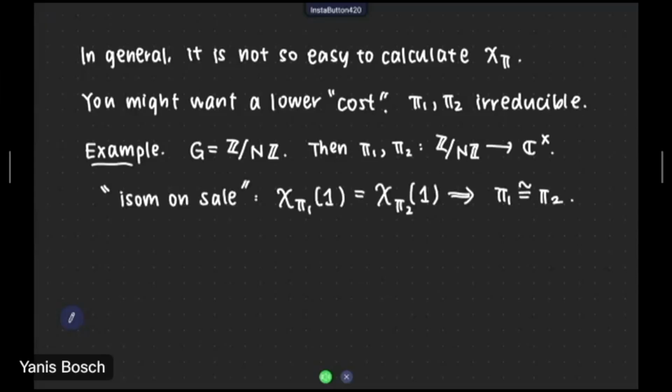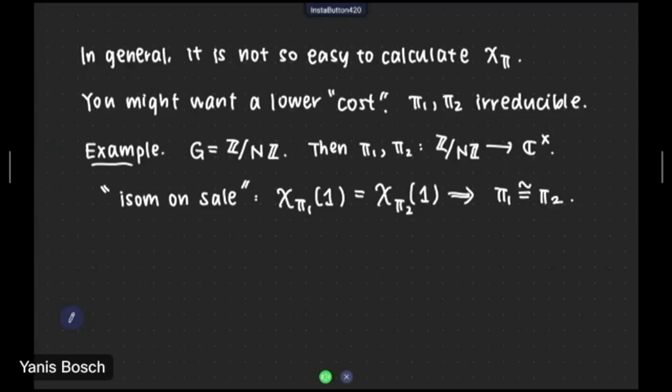And a trivial example of an isomorphism on sale result, as I'll call it, is that it's enough to understand where a generator went. If I know where 1 goes, then I know where 2 goes and 3 and so forth. Okay? So I don't need to know the whole function in some sense. I only need to know one value of the function. So it's an isomorphism on sale.